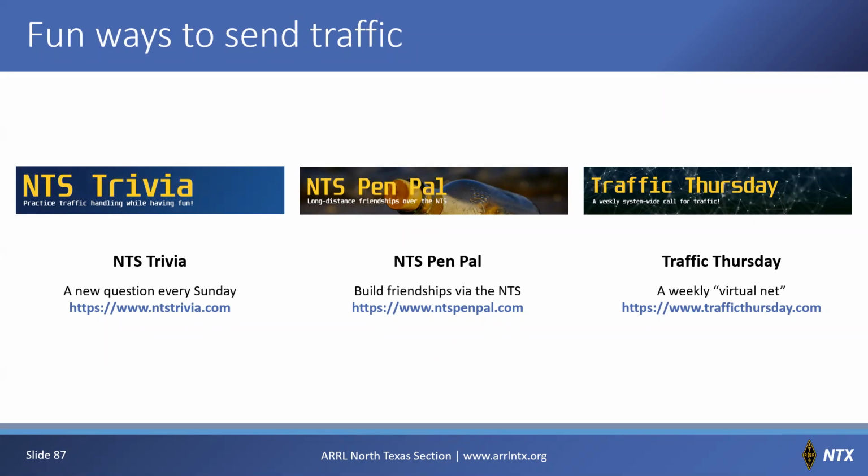Like this week's question is, what's your favorite beverage: coffee, tea, soda, or pop, depending on what part of the country you're from. And it's optional to answer it. Some folks just check in, some give the answer. And I collect all the answers and put them up on the webpage. So you're welcome to jump in on that as well if you like.